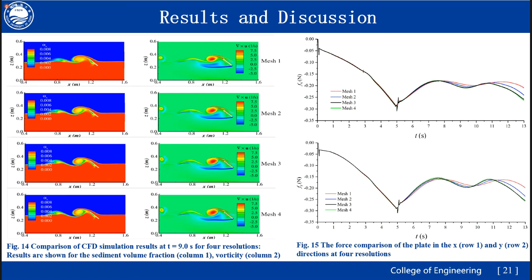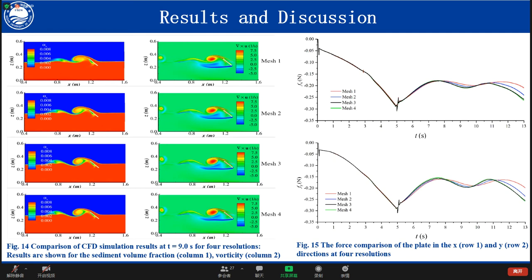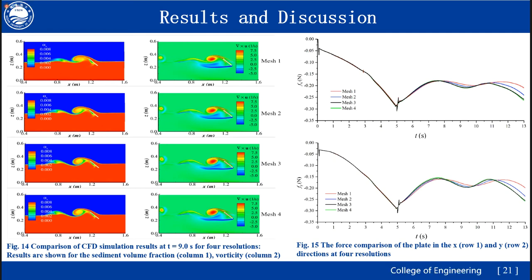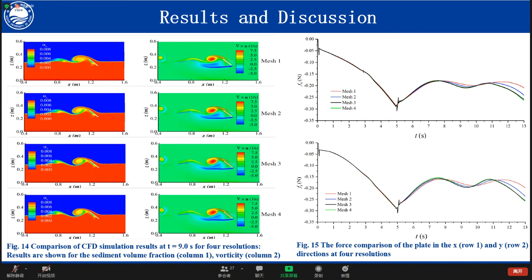If we focus on the external force, we can find it almost similar within the acceleration stage, after reaching the uniform constant velocity. It's also similar, but after 8 seconds, it is quite different for mesh 1 and mesh 2, while mesh 3 and mesh 4 are quite similar.